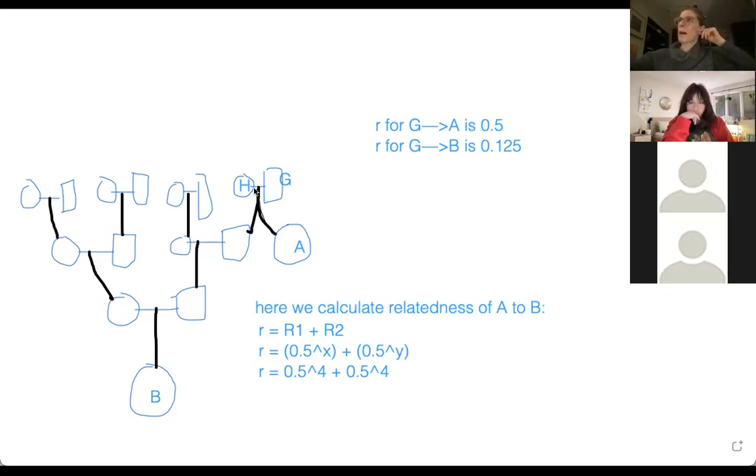And so optimality models can look at, from a purely theoretical point of view, what's the best way for them to allocate their care? And then Hamilton's rule is part of how you determine that.